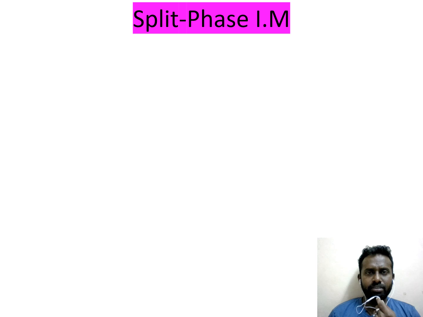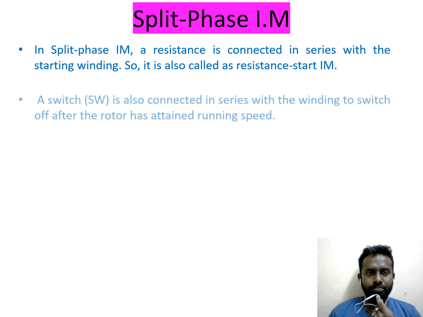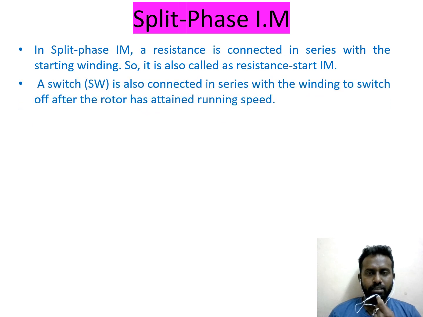The types of single phase induction motor: split phase induction motor, first one. In a split phase induction motor, a resistance is connected in series with the starting winding, so it is called a resistance start induction motor. A switch is also connected in series with the winding to switch off after the rotor has attained running speed.